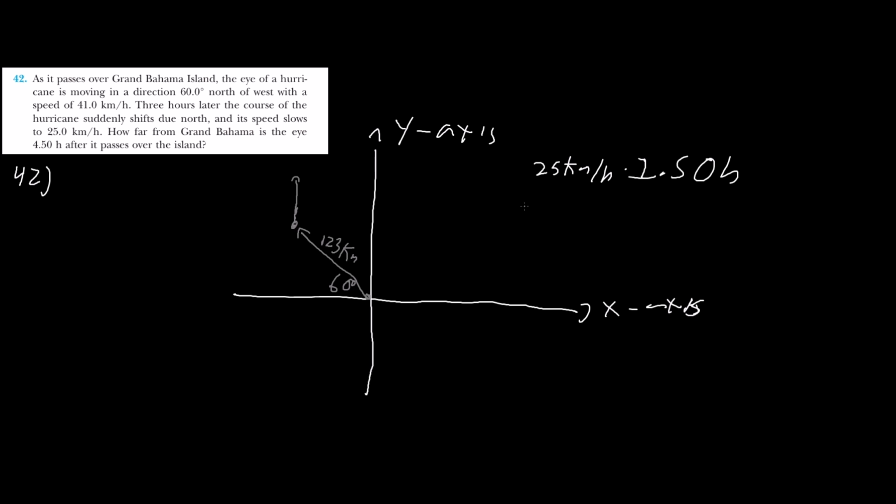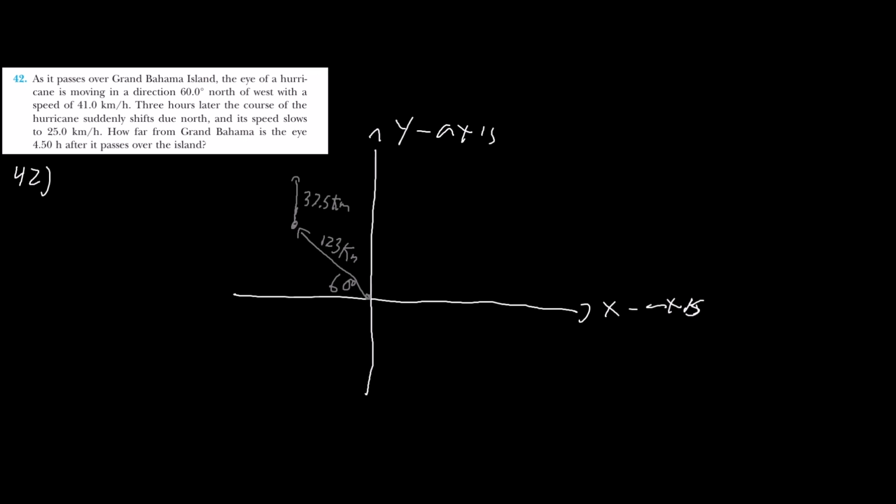So we're going to take 25 times 1.50. So that means that this position here is going to be 37.5 kilometers that it travels due north. So 25 times 3 is going to be 75. Oh, wait, 1.5. There we go. Okay, beautiful.